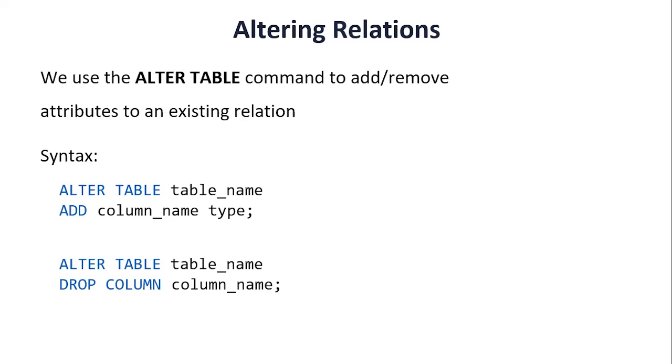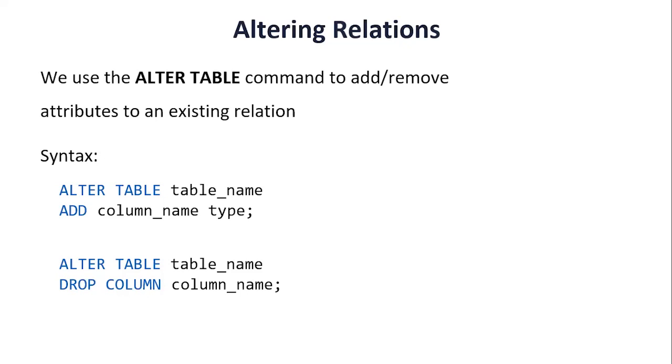Or if we are going to remove a certain column, we can use the same notation, alter table, whatever the table name, followed by drop column, and then the name of the column we want to drop. Two similar commands, but depending on what you want to do, the last line is different.